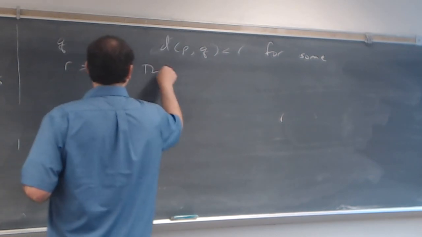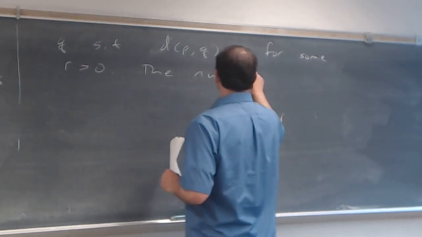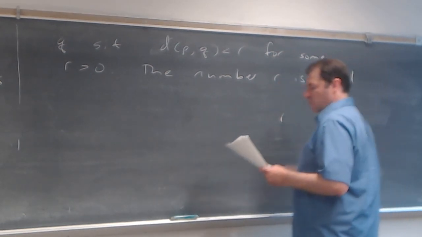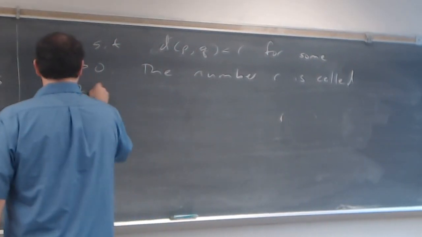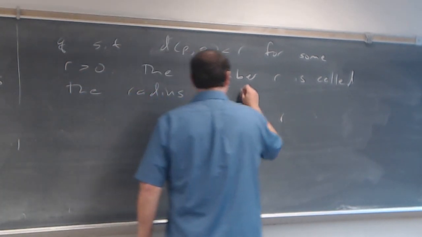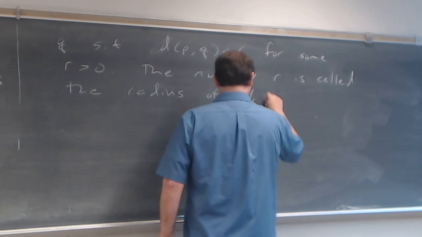The number R is called the radius of this neighborhood of P.